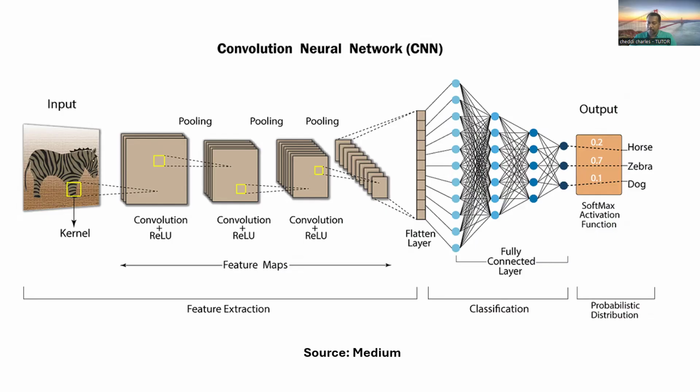Sometimes they are called max pooling, and we have average pooling. Max pooling, as the word max comes from maximum, basically takes the maximum value within that filter when it does the computation, and then it will reduce that dimension.